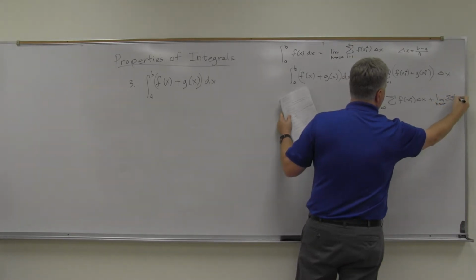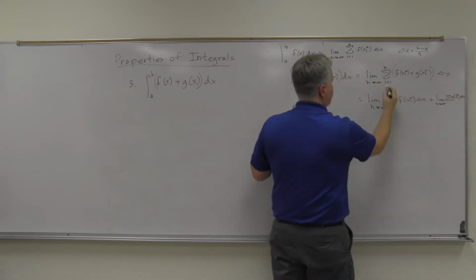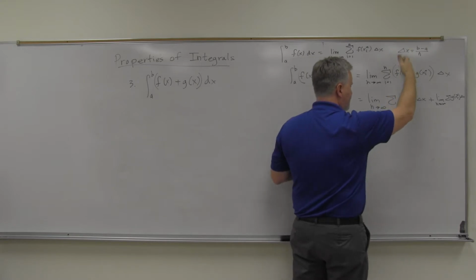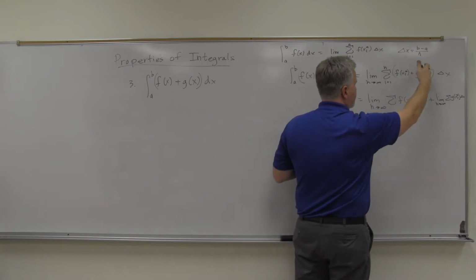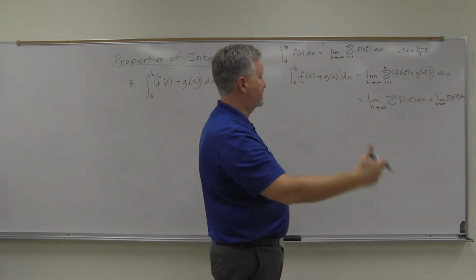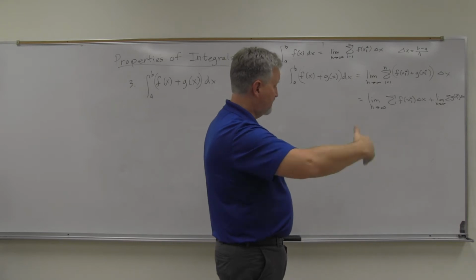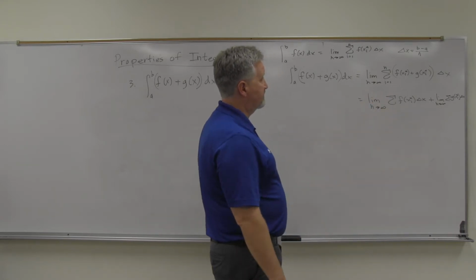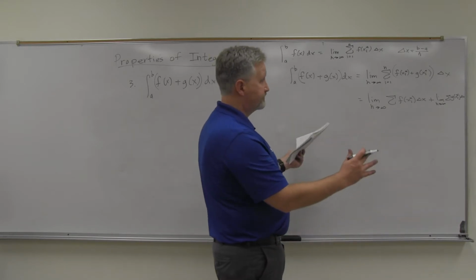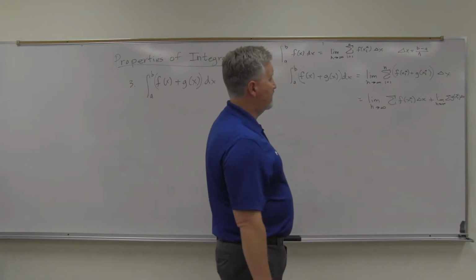This is just adding those terms. So I have this term plus this term, f of x1 plus g of x1, then I have f of x2 plus g of x2, then I have plus f of x3 plus g of x3. So I can reorder those.